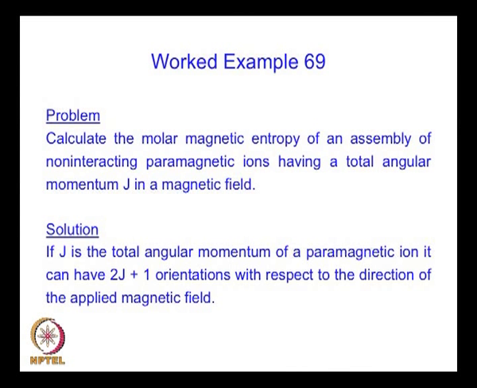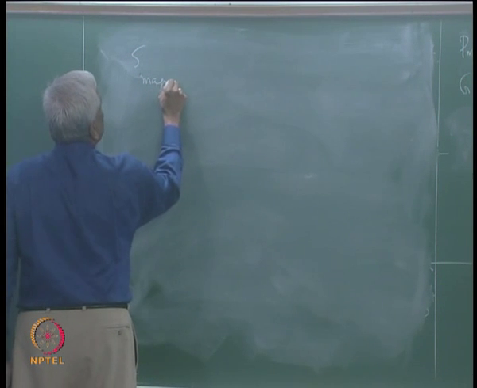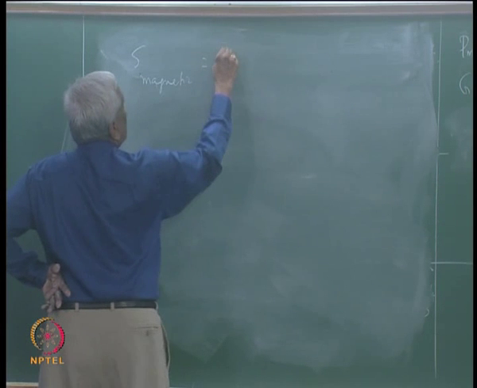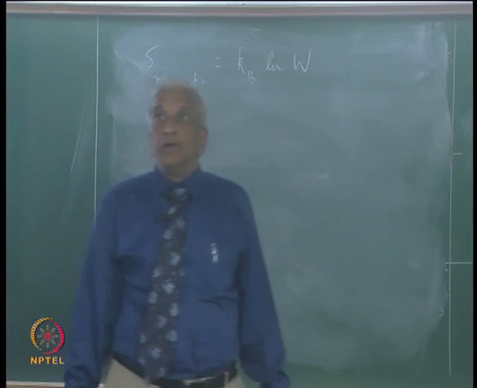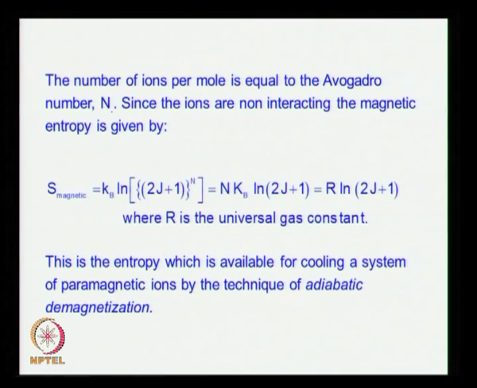So, if you have a total angular momentum of J, there are 2J plus 1 orientations possible for each ion with respect to the direction of the applied magnetic field. Therefore, the magnetic entropy can be calculated readily from the Boltzmann formula, which gives the magnetic entropy as Kb log W, where Kb is the Boltzmann constant and W is the number of different configurations.